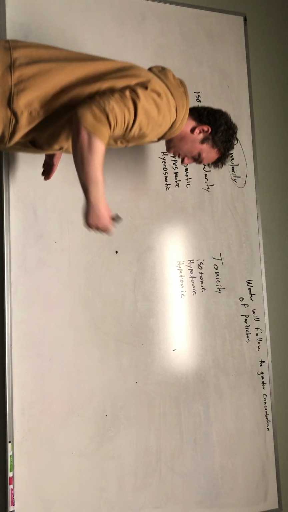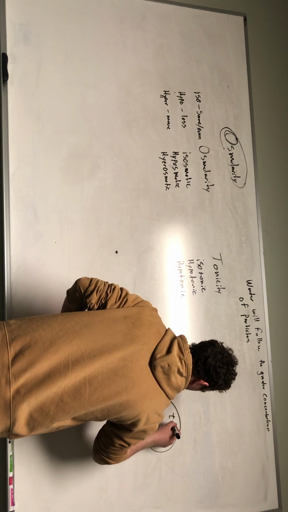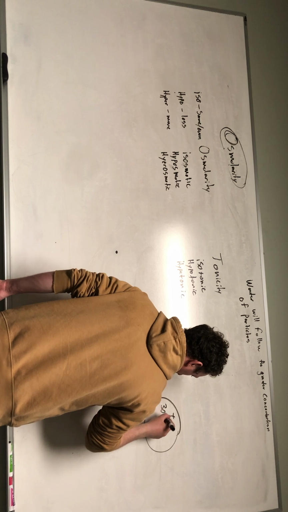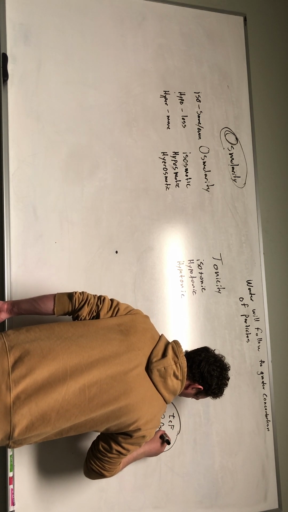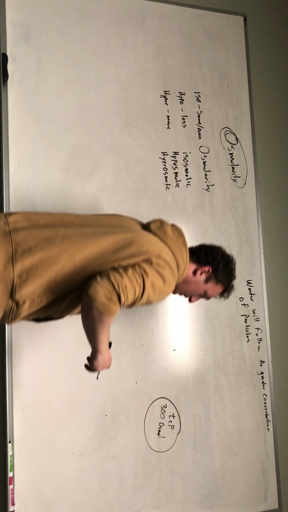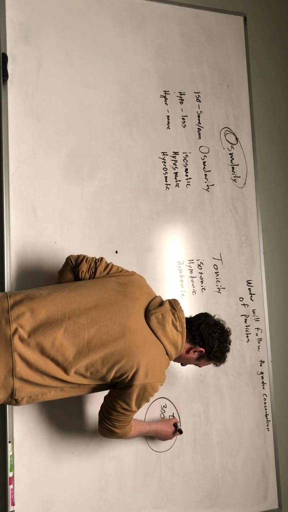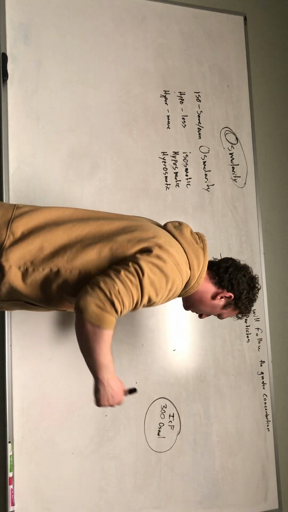So let's say we have a cell here. This is our intracellular fluid. Intracellular fluid is going to be 300 osmol. And that's just a unit that you memorize. Intracellular fluid is going to be 300 osmol. And that's just how that is.